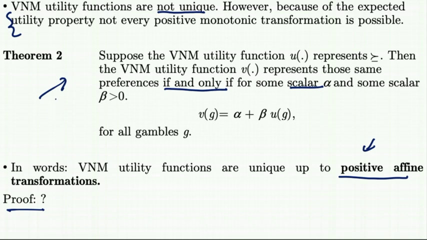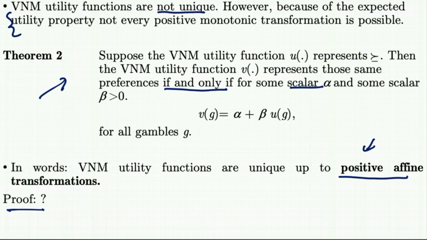Why is it so important to learn the proof of theorem number 2? Because through the process of learning how to prove this theorem, you can clearly see that von Neumann utility functions or expected utility functions are actually not completely unique, and they are not entirely ordinal.